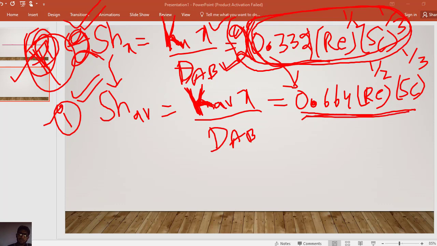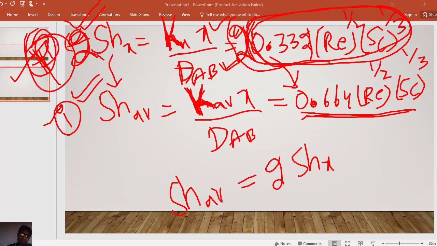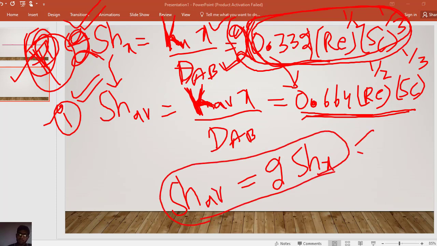So when the local Sherwood number is multiplied by 2, we get the average Sherwood number. So here is a relation between the local Sherwood number and the average Sherwood number, or the average mass transfer coefficient is equal to the local mass transfer coefficient multiplied by 2.